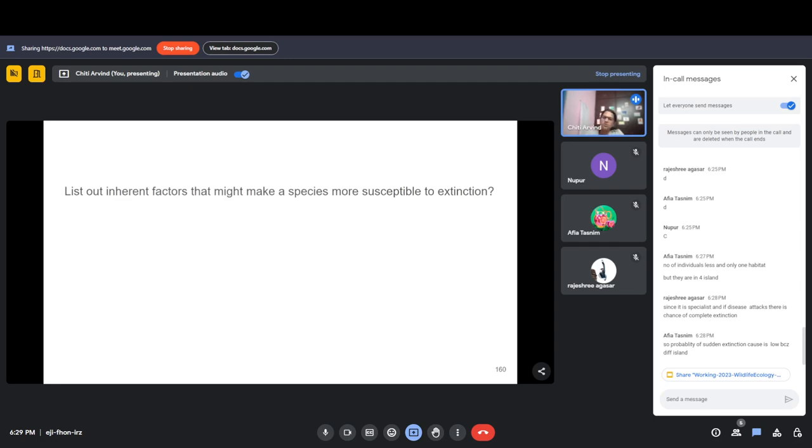Okay, so discuss and list out what are the inherent factors that might make a species more susceptible to extinction. We have actually discussed this in various different parts.